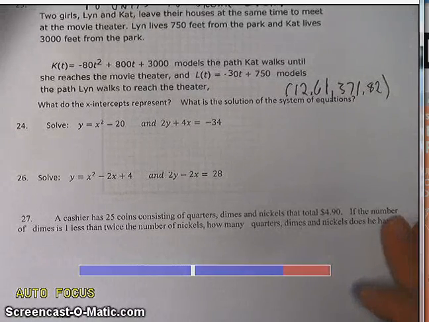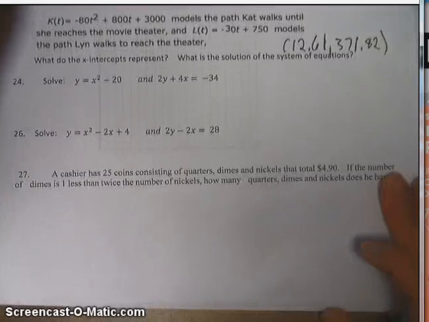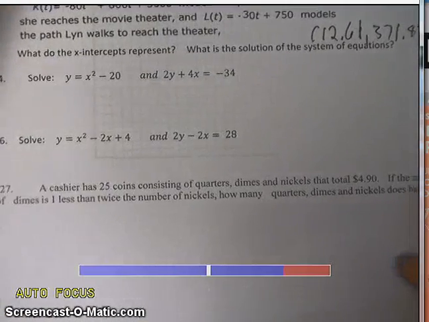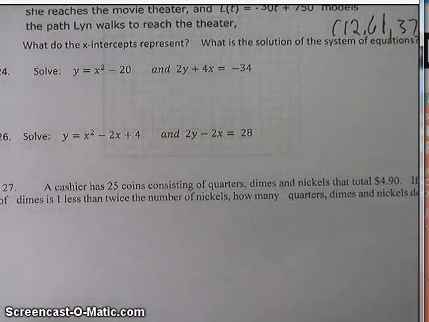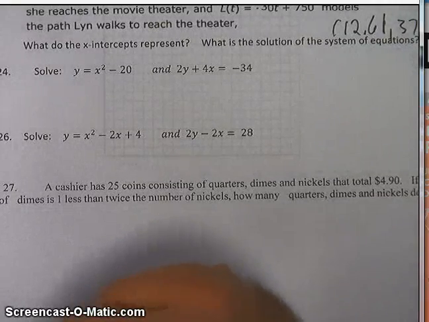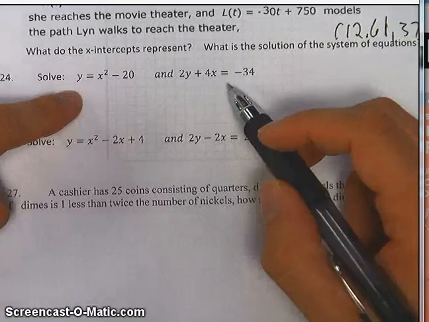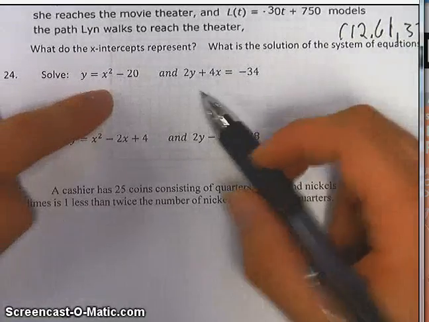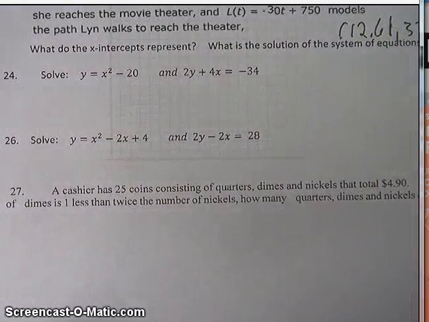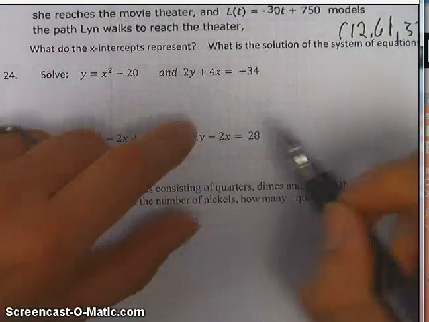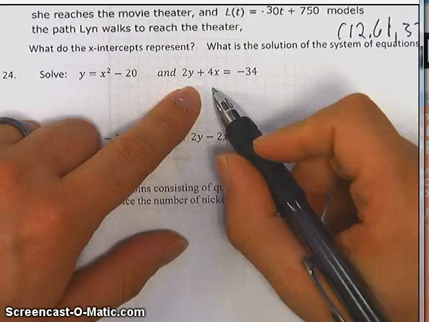Okay? Let's talk about number 24 next. Solve y equals x squared minus 20 and 2y plus 4x equals negative 34. The way we want to do this is we're going to want to graph these. I can't use a matrix here because this is a quadratic, and matrices only work with linear equations. So if I'm going to graph it, I want to get this in y equals form.